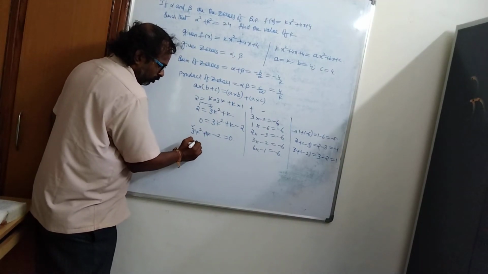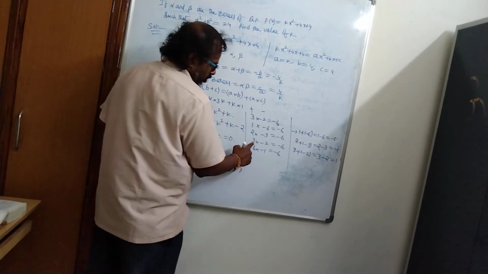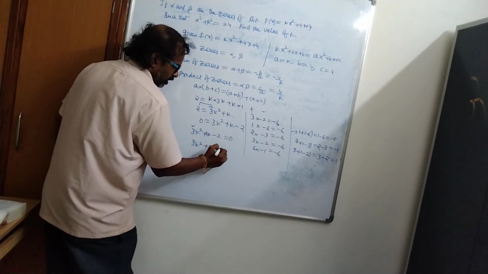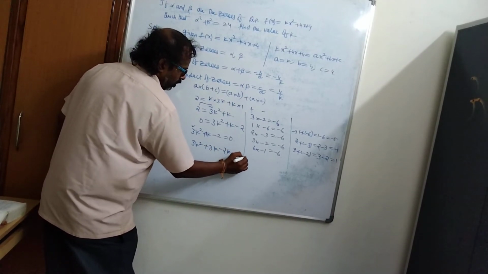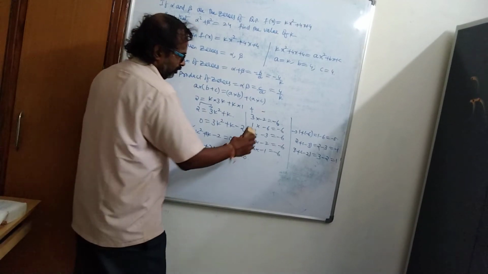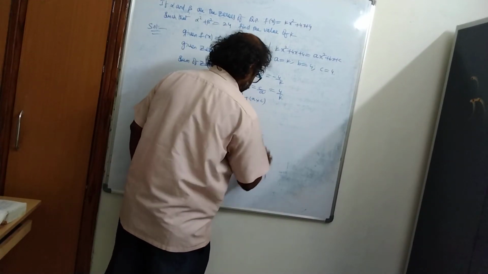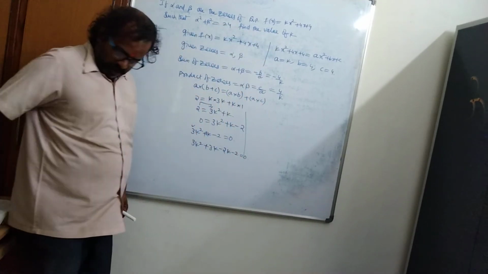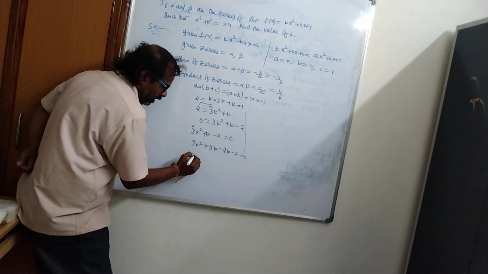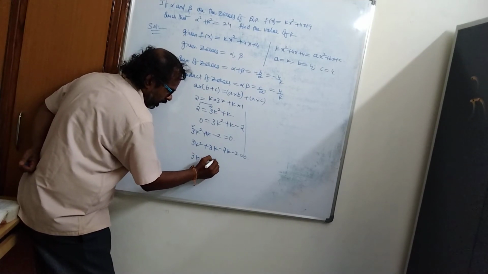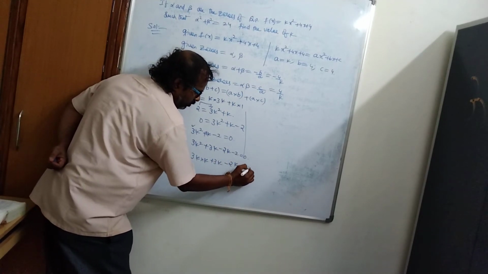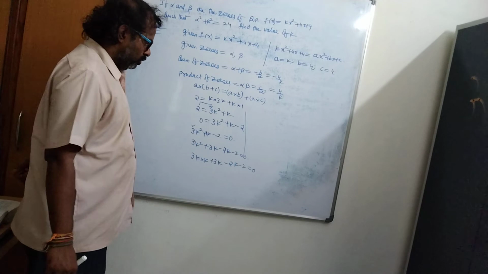So therefore the factors are 3 and minus 2. 3k square plus 3k minus 2k minus 2 is equals to 0. Now here k square is again 3k into k, 3k into k plus 3k, here minus 2k minus 2 is equals to 0.